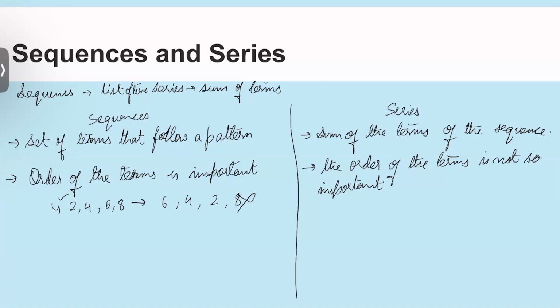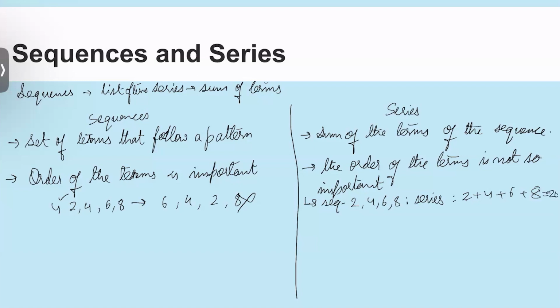But suppose the sequence is 2, 4, 6, and 8. The series for this would be the sum, 2 plus 4 plus 6 plus 8. No matter in which position you write the individual terms, the answer would be the same. 2 plus 4 is 6, 6 plus 6 is 12, 12 plus 8 is 20.